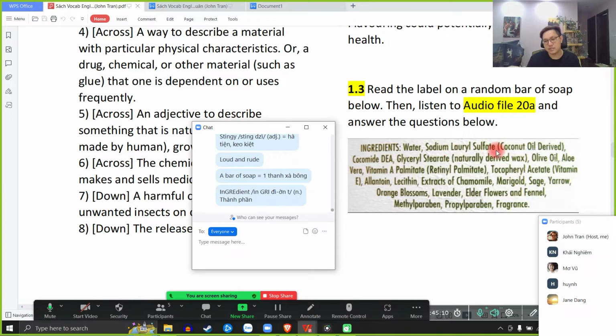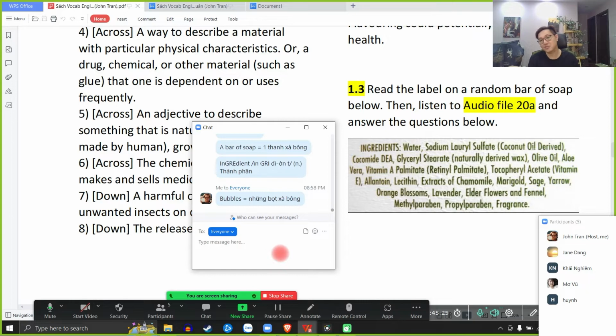SLS, sodium lauryl sulfate, is a thing that causes the bubbles, là cái thứ mà nó gây ra cái bọt xà bông đó các bạn, gây ra bởi cái này. So it causes bubbles, những bọt xà bông. Cho nên xà bông càng nhiều bọt thì càng nhiều cái này. So the more bubbles that come out of your soap, the more sodium lauryl sulfate it has.